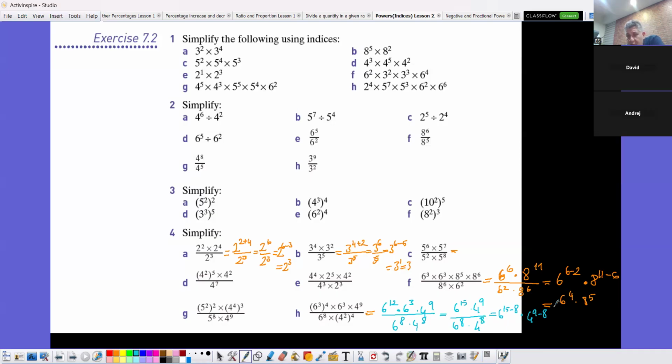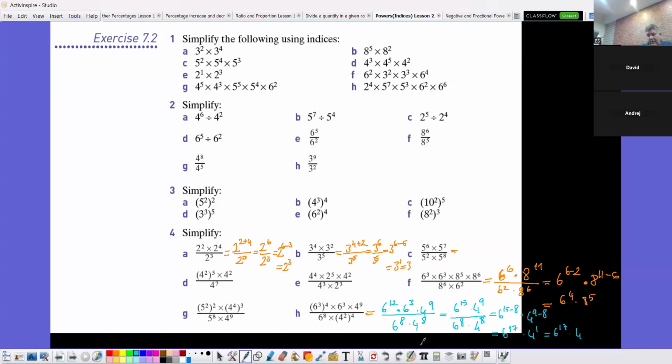So the answer is going to be equal to 6 to the power of 15 minus 8, which is 7, times 4 to the power of 9 minus 8, which is equal to 4 to the power of 1. Is there any problem up to now? No. So 4 to the power of 1 is equal to 4. We are going to leave it like this here.